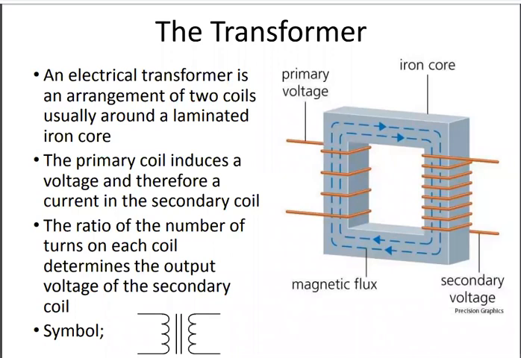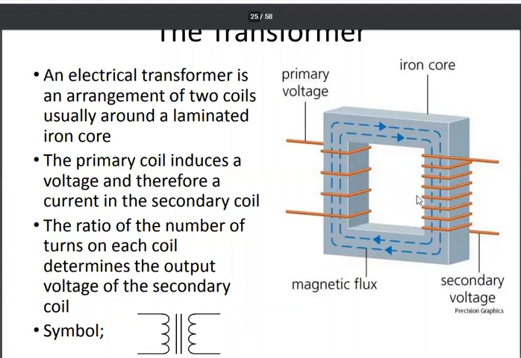So you see here, any change in this coil is transferred to secondary coil through this iron core in the form of magnetic flux or magnetic field lines. So either current is changing or voltage is changing.